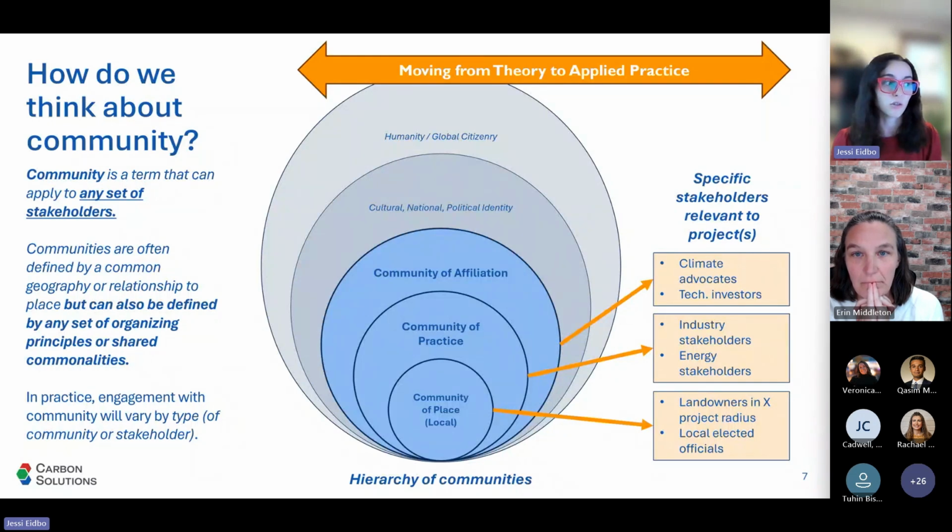And then you may be even higher level, right? When we think about affiliation, there's relationships and dynamics associated with climate advocacy, tech investors, the list goes on and on. But it helps to think of the way that we define stakeholders as potentially tied to these types of tiers in defining community.